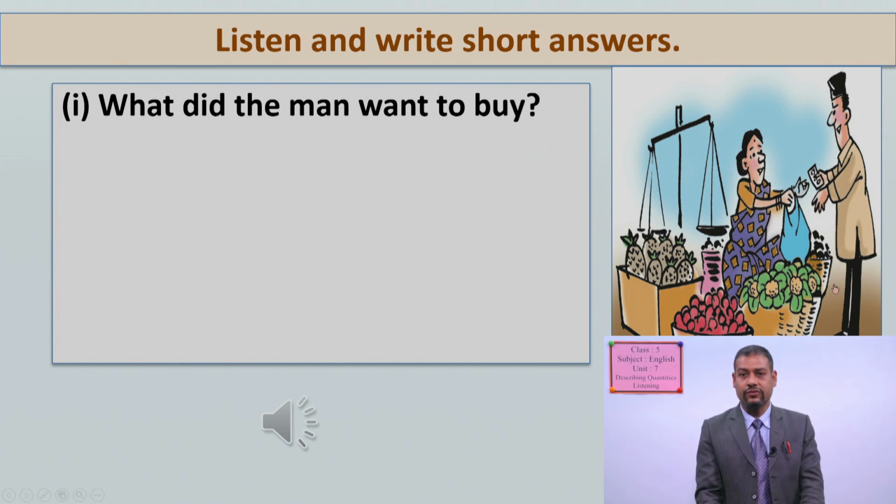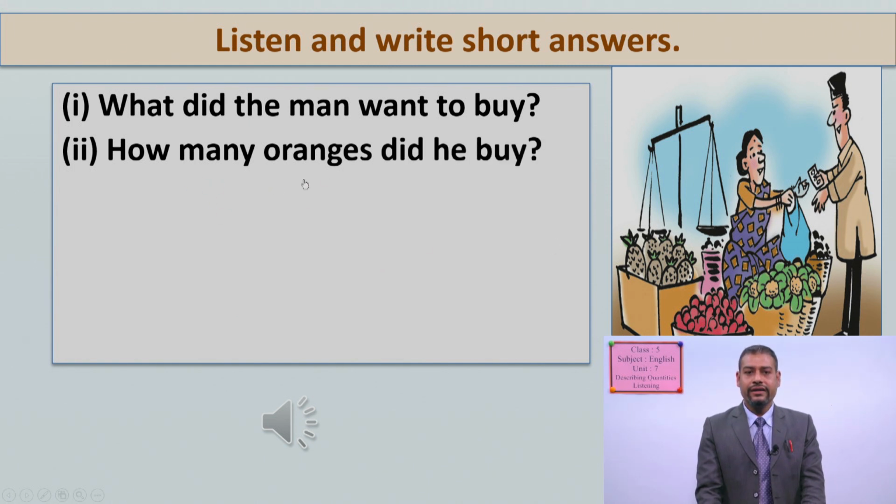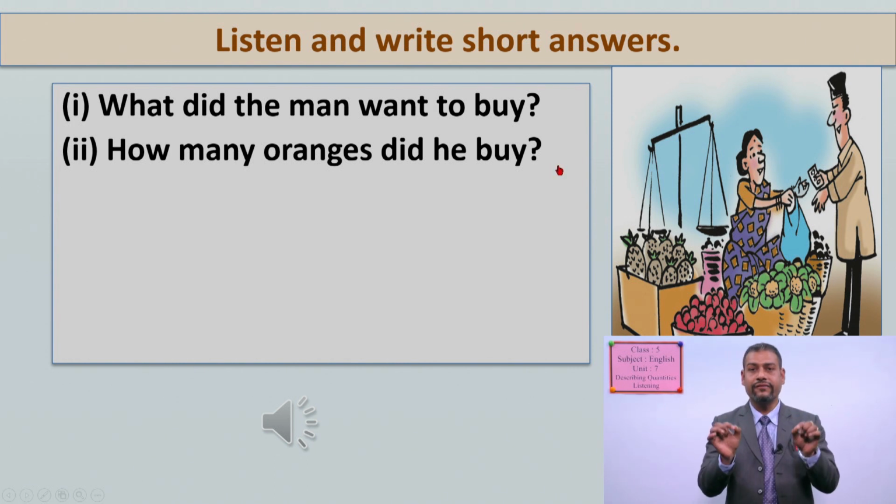You have to find out what the man wants to buy in the audio. Another question is, how many oranges did he buy? You have to find out the number of oranges the man wants to buy.